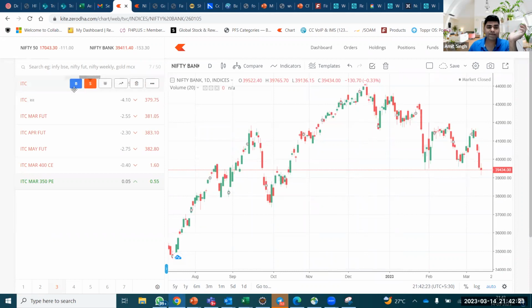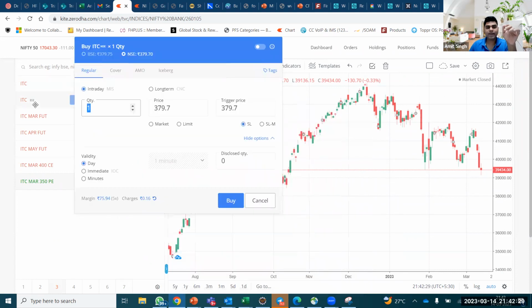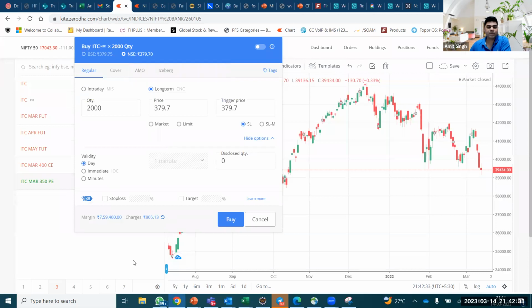Person A buys 2000 stocks of ITC, spending 7.59 lakh rupees.